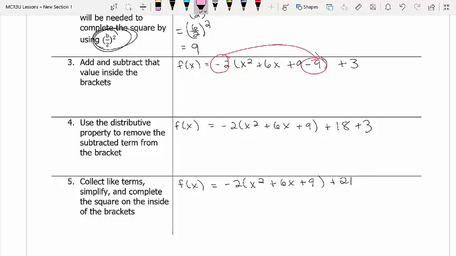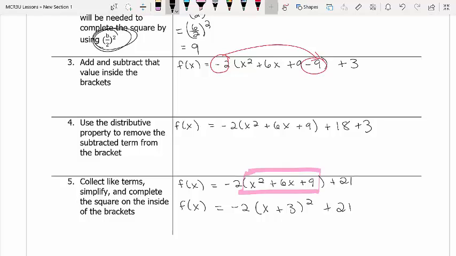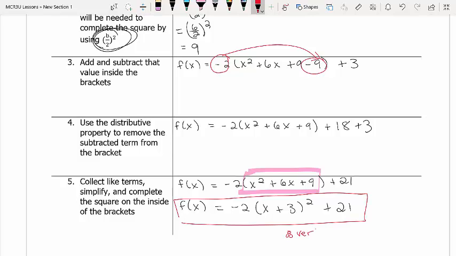And now we've created a perfect square trinomial inside of those brackets, so we can go ahead and factor that. Okay, and now we have our quadratic in vertex form. So we know that our vertex would be at -3 and 21.